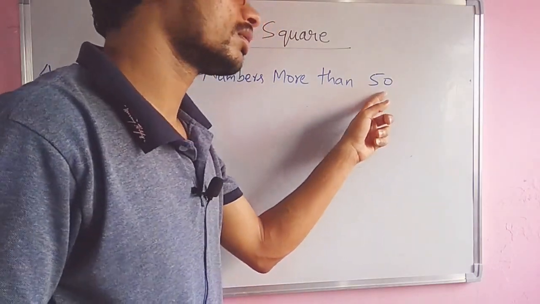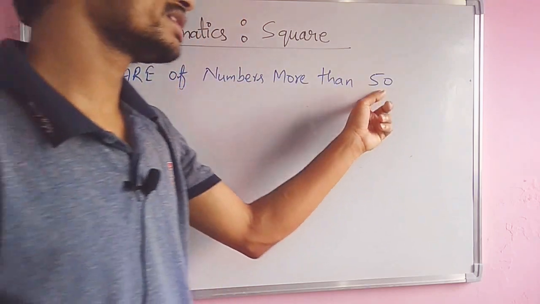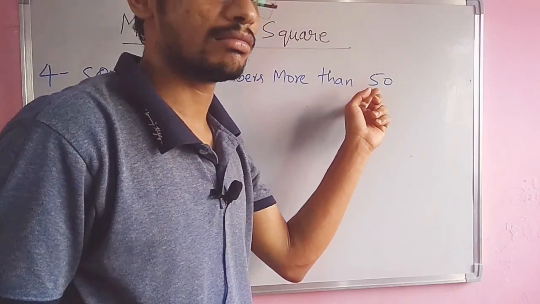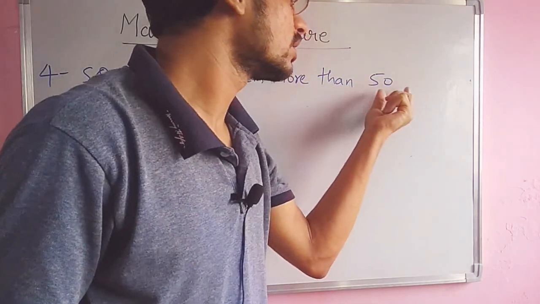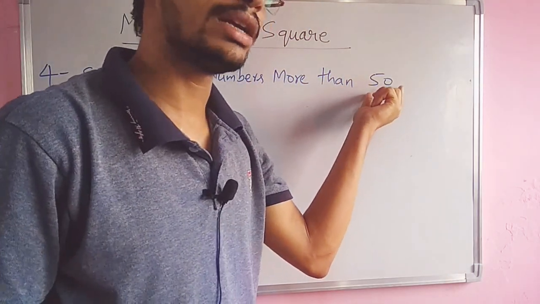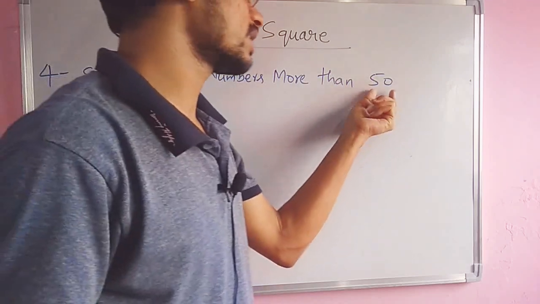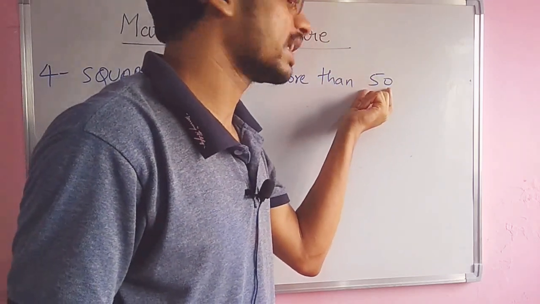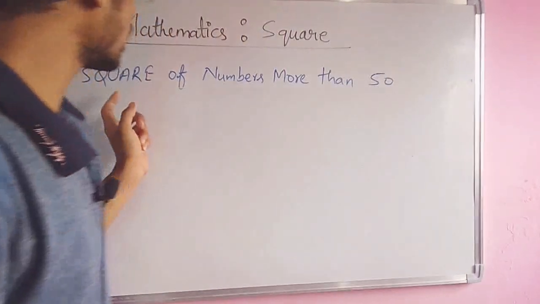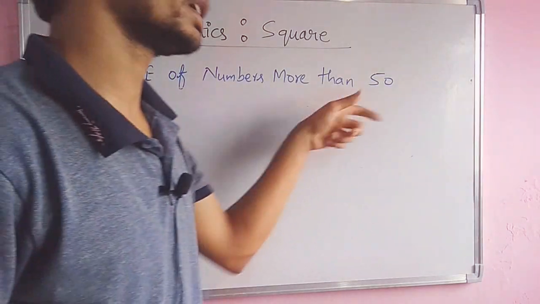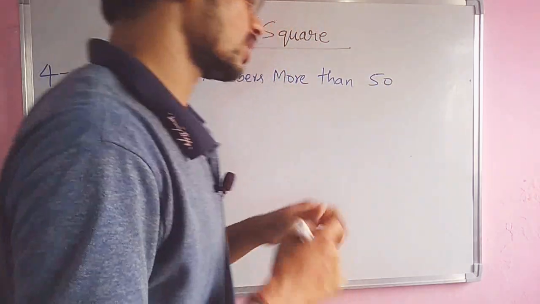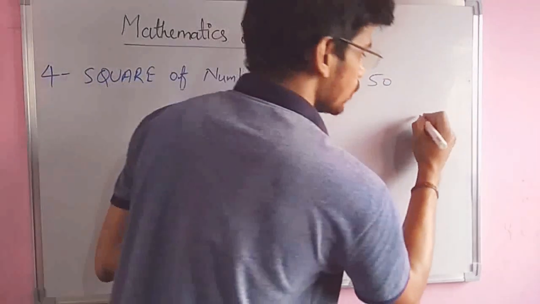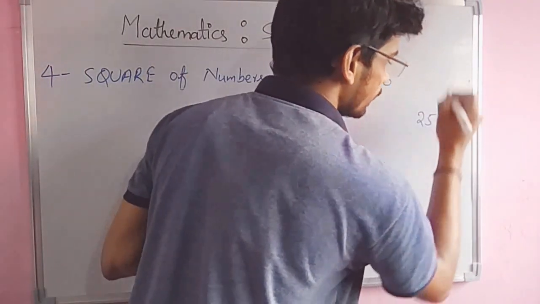The second category is numbers less than 100. We calculate by that category. Next, we calculate the square of numbers more than 100, but this is not in that category. So now here the golden number is 25.